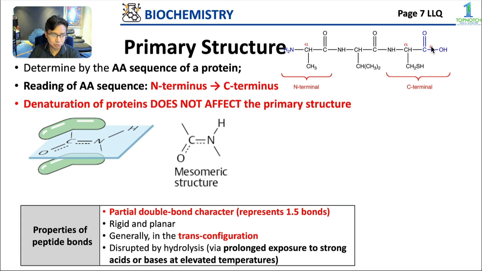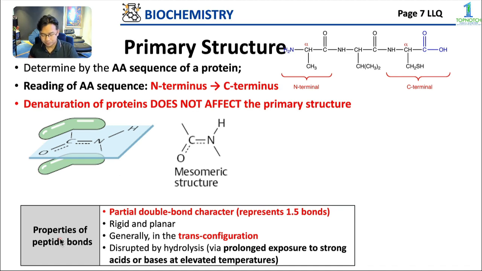Take note that proteins here are bound by a peptide bond. It has a partial double bond character, in the trans configuration, very rigid and very planar, and can only be disrupted by hydrolysis. But it cannot be affected by denaturation. Primary structure is the only structure of protein that is not affected by denaturation.